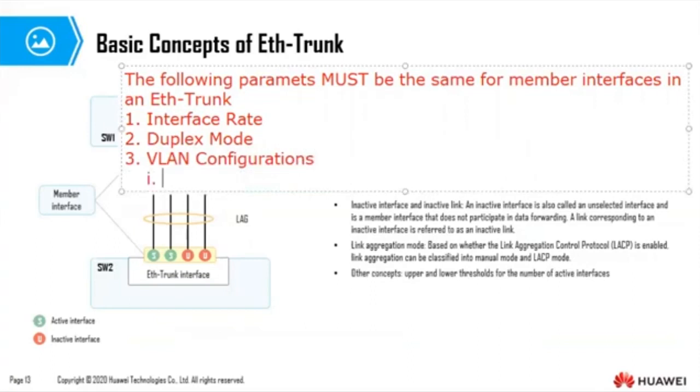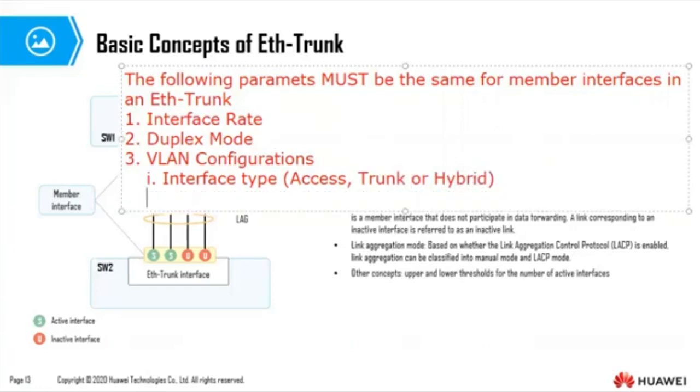The first one is the interface type. That means access interfaces, or trunk, or hybrid. So in an Ethernet trunk, all of them are access, or all of them are trunk, or all of them are hybrid. You can't mix trunk interfaces and access interfaces in the same Ethernet trunk.